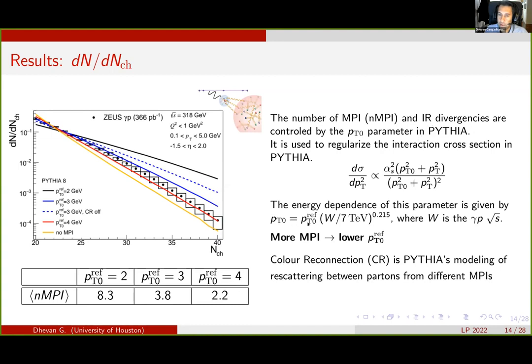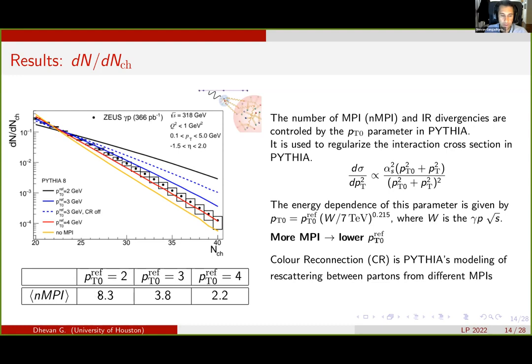In Pythia, they give an energy dependence to this, based on, I think, quite involved fits. The prefactor here is pT0 ref, and that's what I'm changing. You should just know that the more MPI there are in the Pythia that I generate, the lower the pT0 ref.